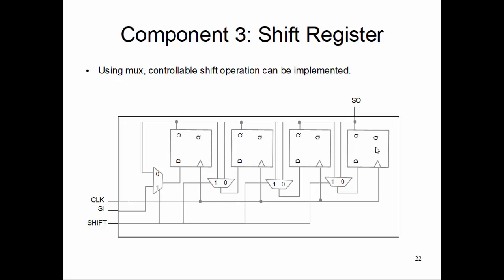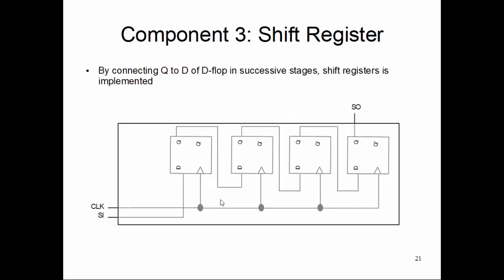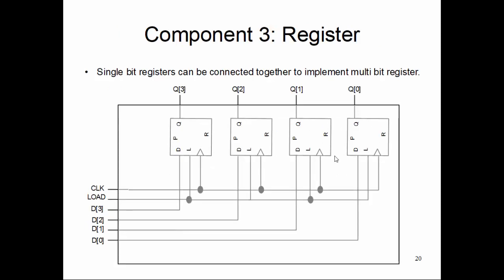Then your scan in will come into the first stage. The second stage will be driven by the output of the first stage. The third stage will be driven by the output of the second stage, and it becomes just like a shift operation. Essentially what we achieved here is a selective shifting. SI can be independently toggling per clock, doesn't matter.